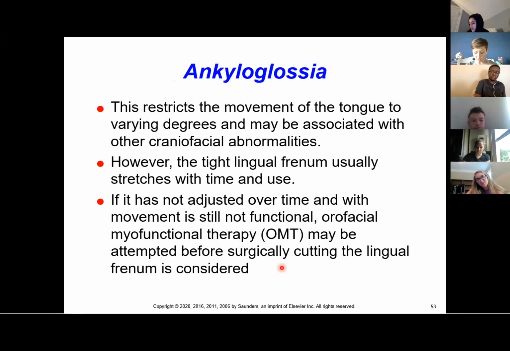A tight lingual frenum usually stretches with time and with use, but if it's not adjusted over time with the movement, it's still non-functional. Oral myofunctional therapy may be an attempt to get that to do well, or then the surgical cutting. It's not something to run off and do just because, it's wise to wait.